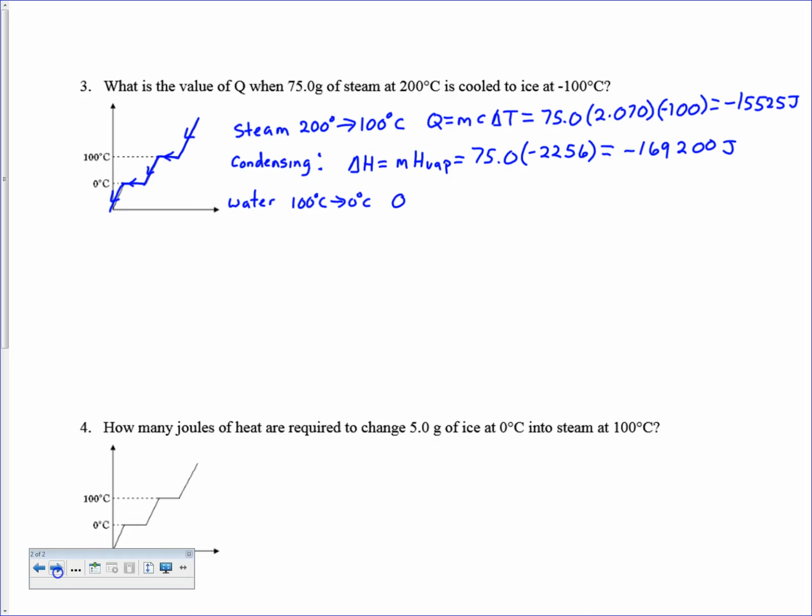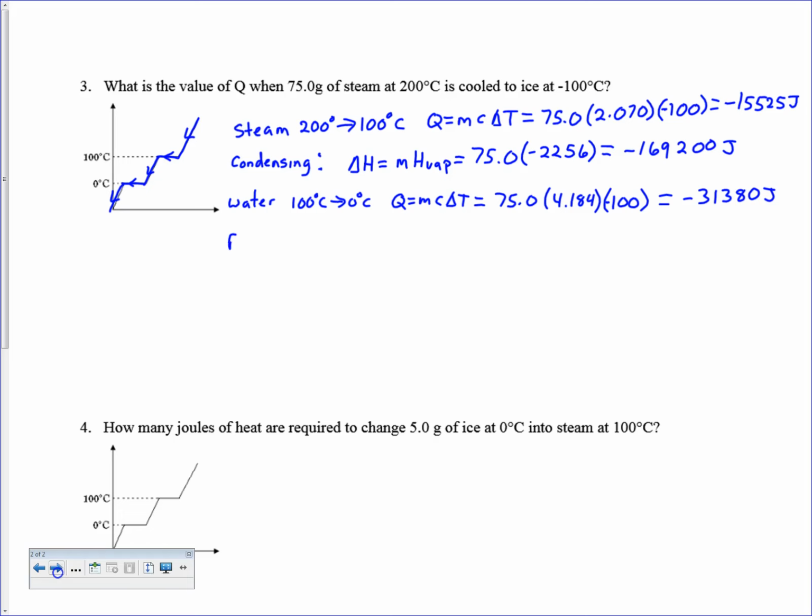So we're going to use Q equals mc delta T, mass 75.0, C for liquid water 4.184, change in temperature negative 100, going down from 100 down to 0. So multiplying all those things together, I get negative 31,380 joules.